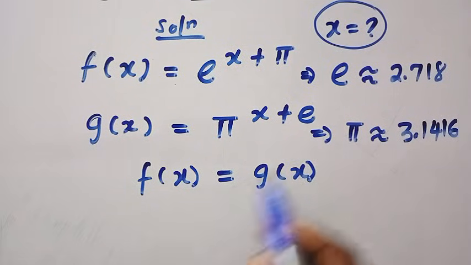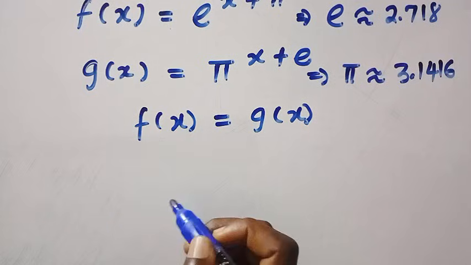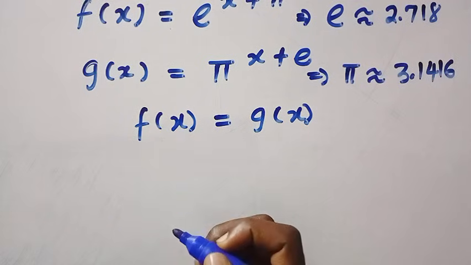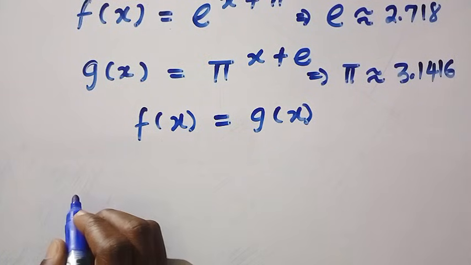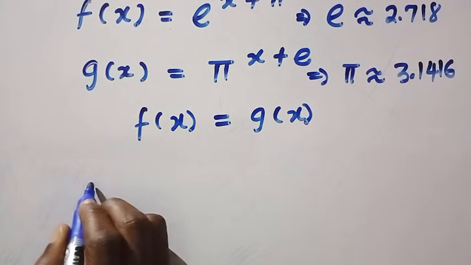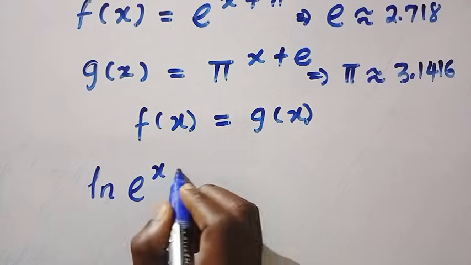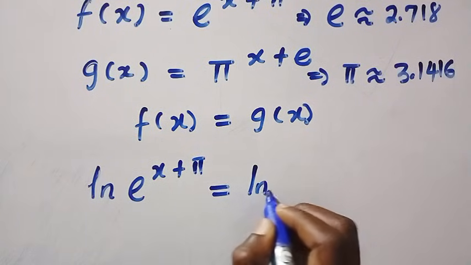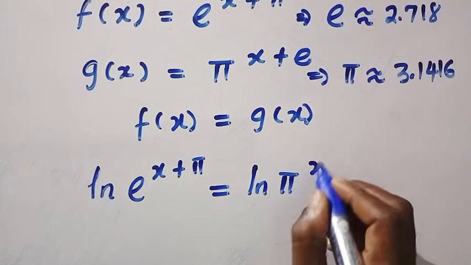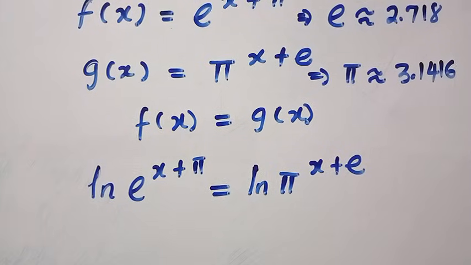And to know the value of x, we are going to take the log of both sides and see the point at which both of them intersect. So let's take the natural log on both sides. We have ln of e^(x+π) equals ln of π^(x+e).